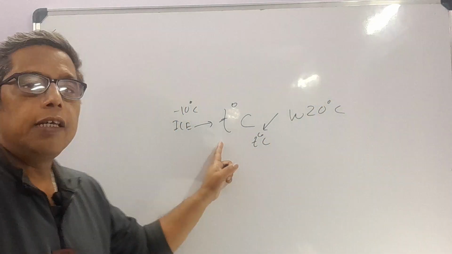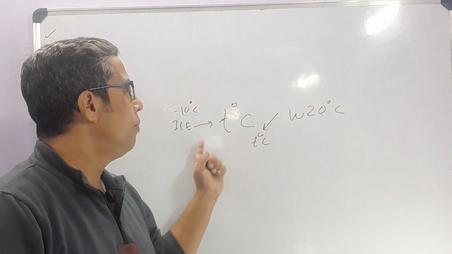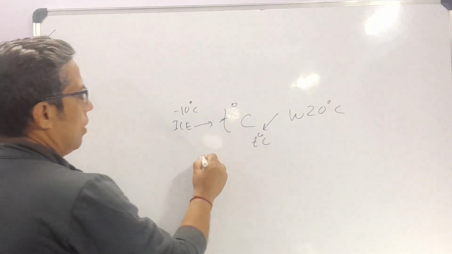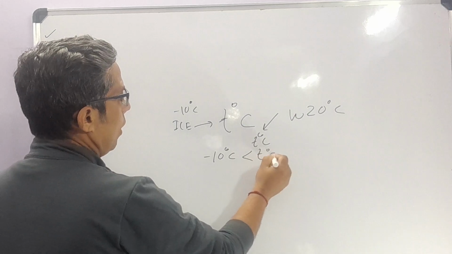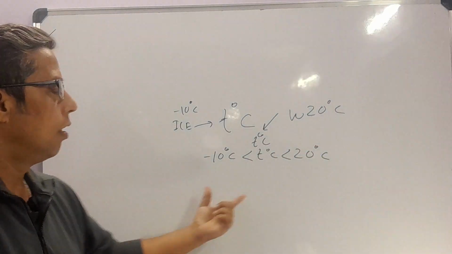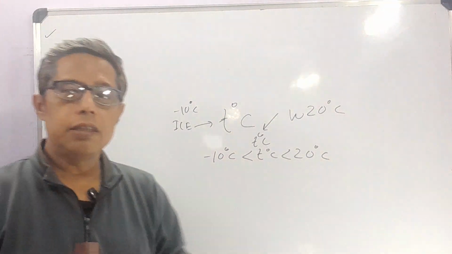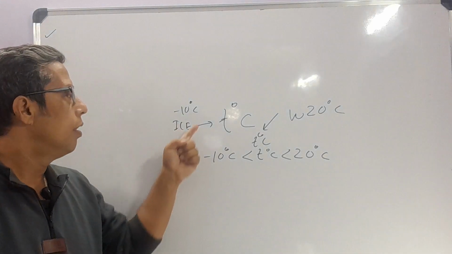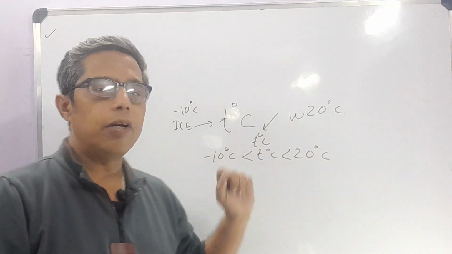Obviously this new temperature will be in between -10 and +20, so I can write -10°C < T < 20°C. You have to understand that the new temperature of the mixture of ice and water will be between -10 and 20.